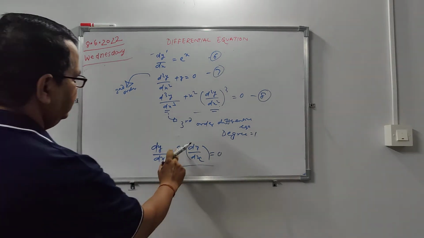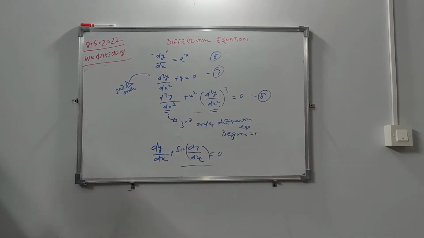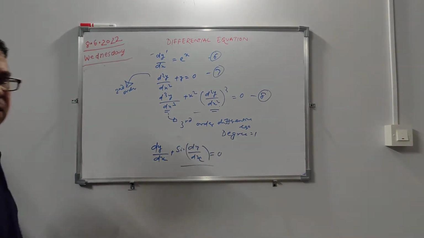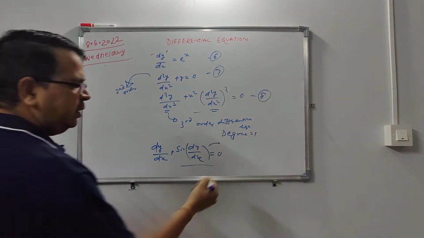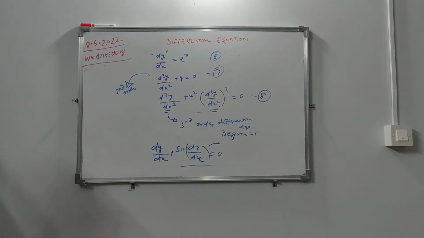If it is only dy by dx multiplied by some constant, then it will be a polynomial. But you are taking sine of a derivative, so it is not a polynomial. Understood? You cannot find the degree of such a differential equation; it is not defined.